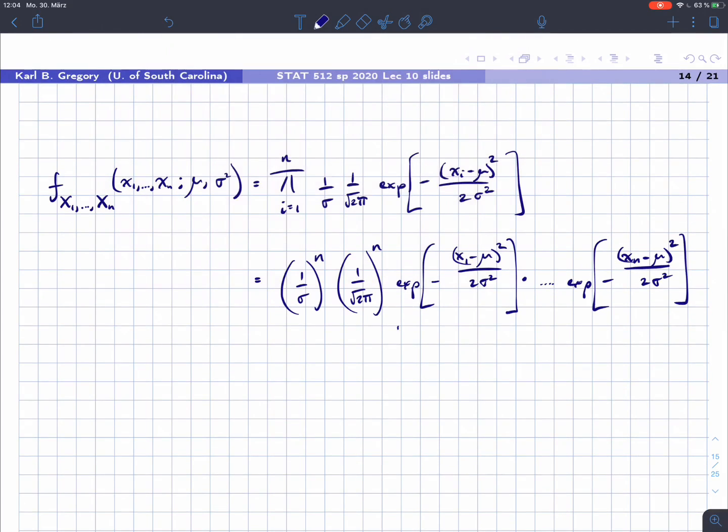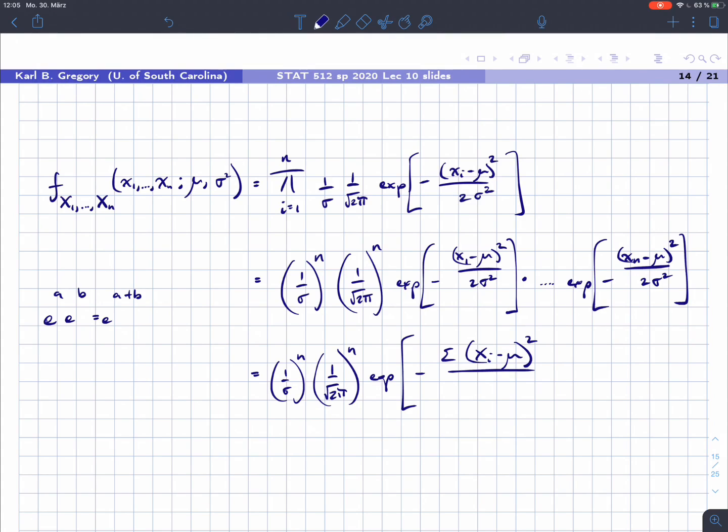So let's see what happens to this product. We know that if I have e raised to the a times e raised to the b, it's e raised to the a plus b. So we're going to wind up getting a sum. So I've got 1 over sigma to the power n, 1 over root 2 pi to the power n, and then e raised to the sum of the (xi minus mu) squareds over 2 sigma squared.